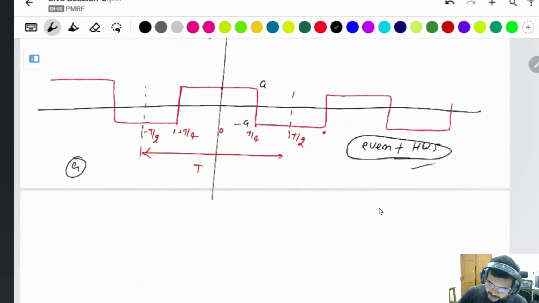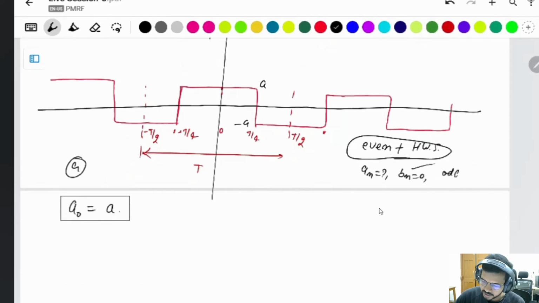The same value is represented by the DC value, like A naught value is the A only. In this case, the remaining is the same, but there is a DC value because of clamping the signal by the value of A. Then for the even signal and half wave symmetry, An is present, Bn is 0, but only odd harmonics are there because of the half wave symmetry.